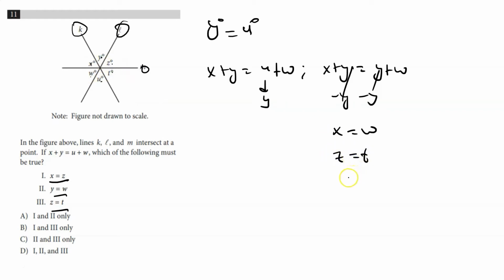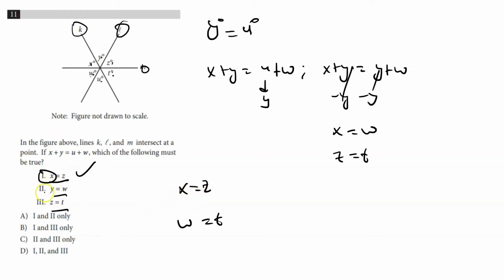And now we can go about solving the question. x equals z, is that true? If x and w are equal, and z and t are equal, we can set up an equality as well. So that means x equals z, and w equals t. So yes, the first one is correct.